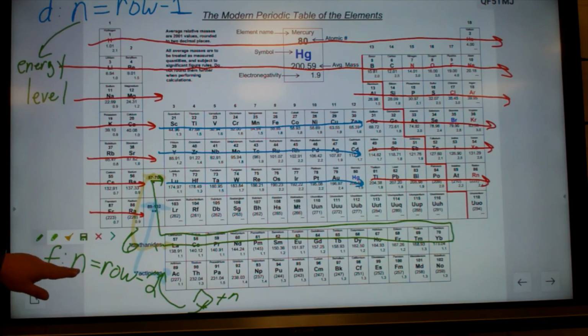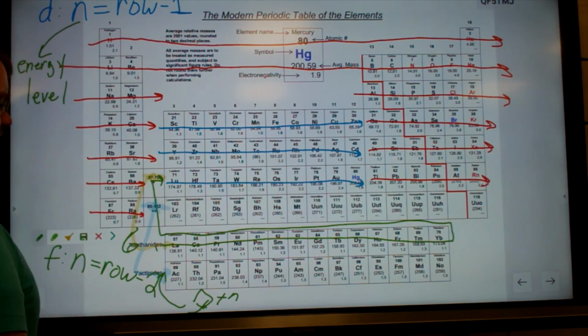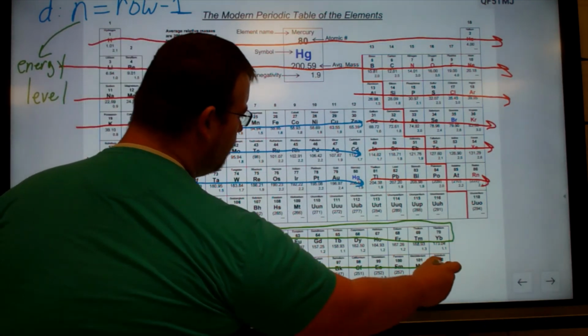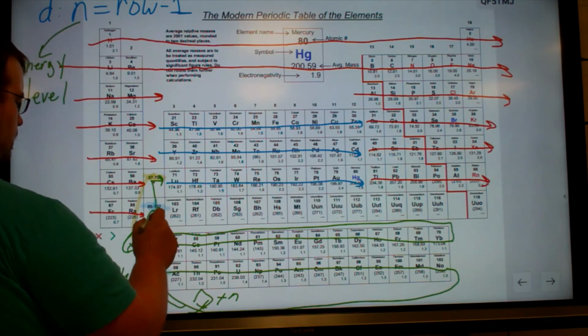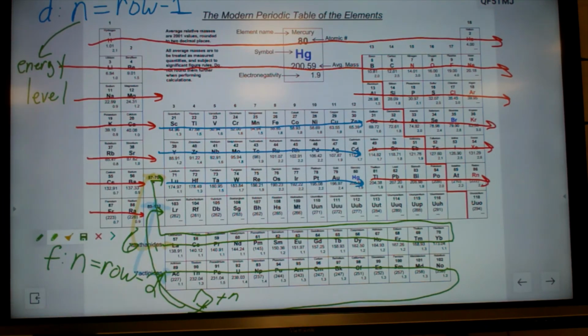So what do we do? n equals row minus 2. So 7 minus 2 gives me 5. 5f. We go all the way through, but remember, you've got to come back up. 5f14. So 7s2, 5f14. Then we go back into the d block.